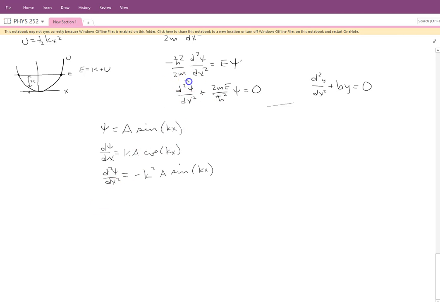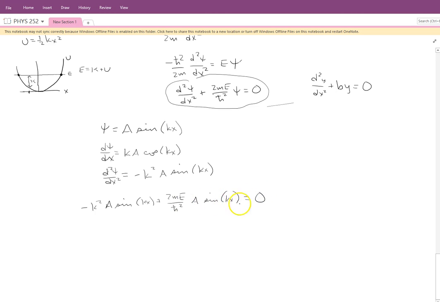All right, so let's put that into our equation. This is our equation right here, right? So that's going to give me minus k squared a times the sine of little kx plus 2me over h bar squared times a times the sine of kx equals 0.